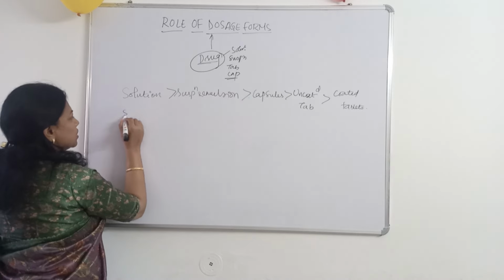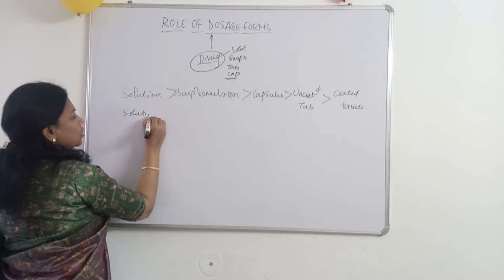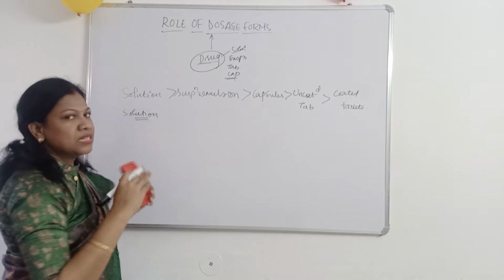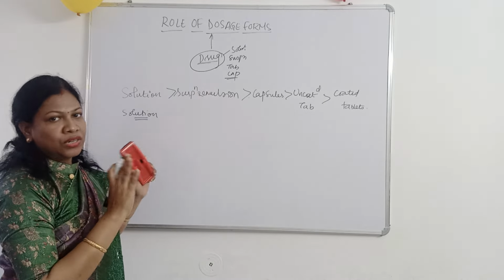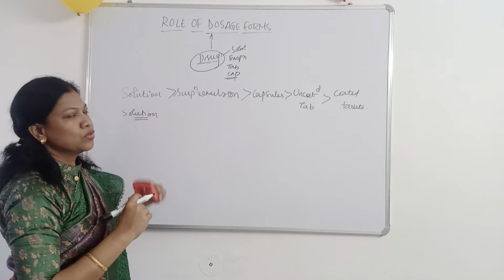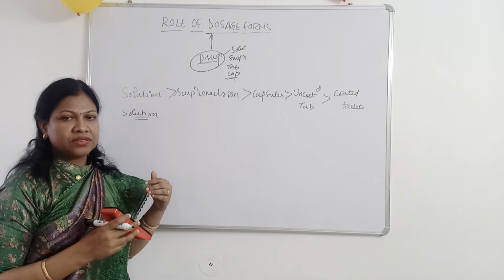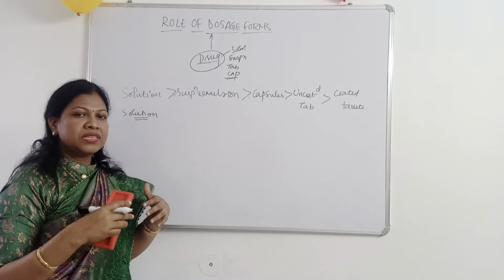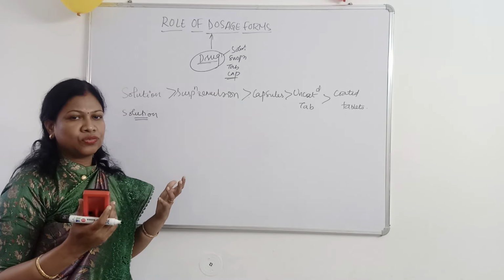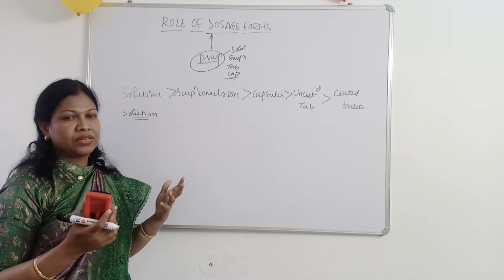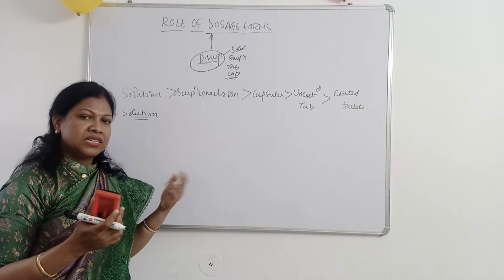So first is solution. Solution dosage form, that is, the drug is completely soluble in the dosage form. Solution dosage forms will be preferred mainly in the case of pediatric and geriatric patients, because children cannot take solid dosage forms. They have difficulty in swallowing. Same with the case of geriatric patients.